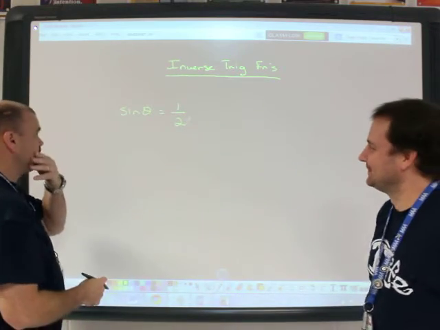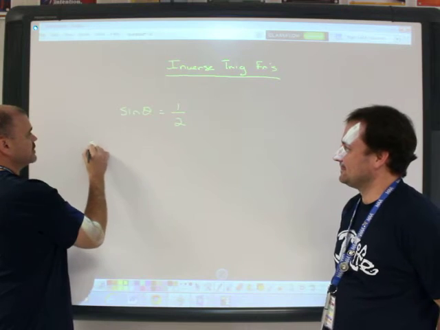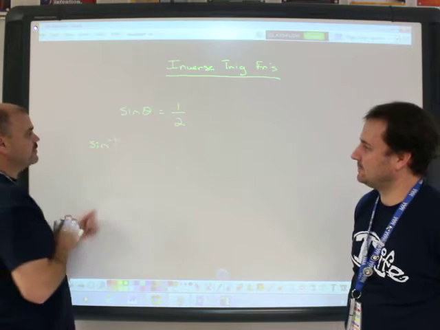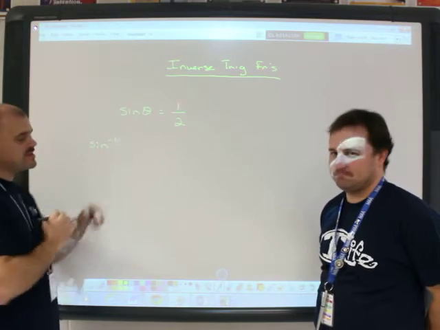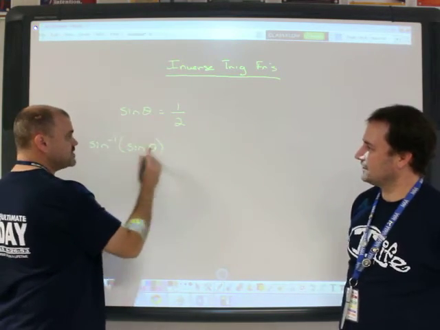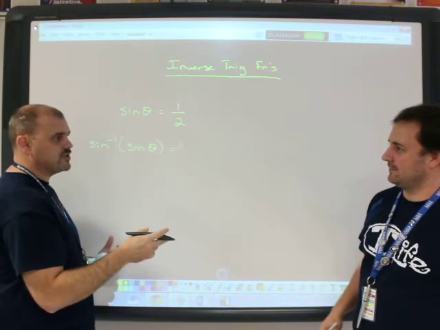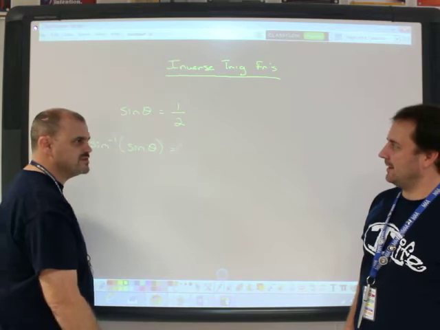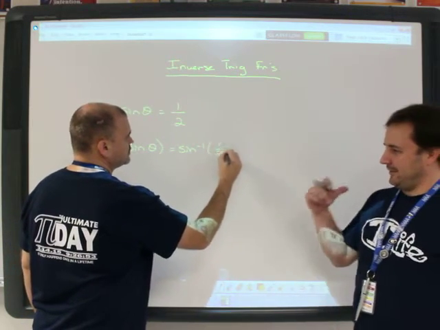That's right. So we want to get theta by itself, so we'll do the inverse. I don't know how familiar you guys are with inverse notation, but when you say sine to the -1, that's inverse notation. So sine inverse of sine of theta. In algebra, if we do it to one side, we have to do it to the other side.